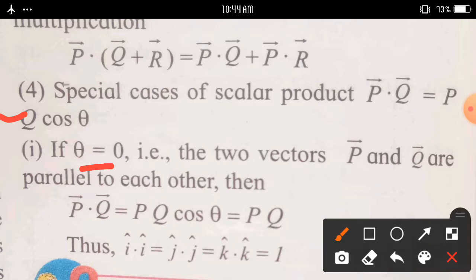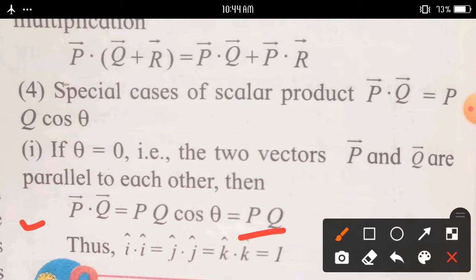That is, the two vectors p bar and q bar are parallel to each other. According to the definition of scalar product, p bar dot q bar is equal to pq cos theta, which is equal to pq, because cos 0 is equal to 1. Hence p bar dot q bar is equal to pq.